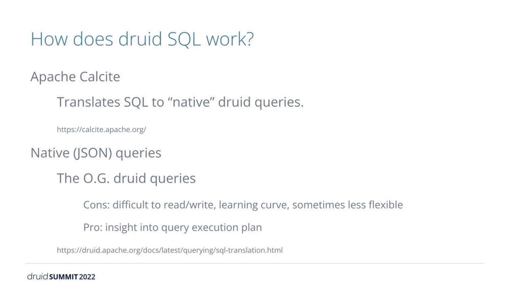And those are the OG Druid queries. The problems with them, or the cons, are that they're difficult to read and write, easy to make mistakes. It's JSON, steep learning curve. And in some cases, it's less flexible than SQL because, for example, a single SQL query may translate to multiple Druid queries.